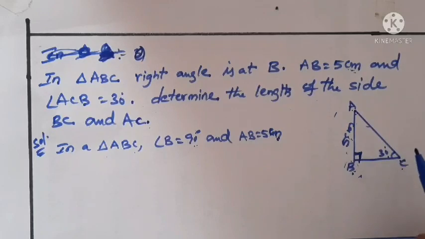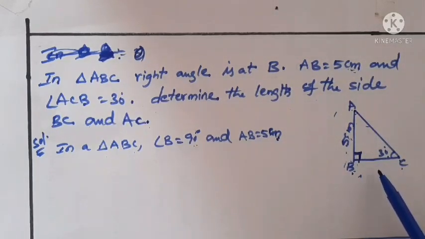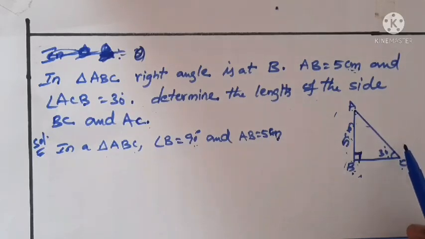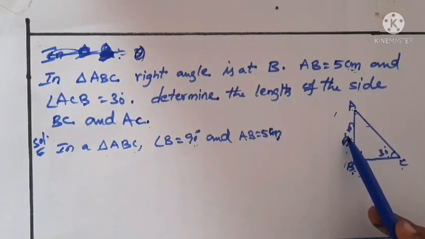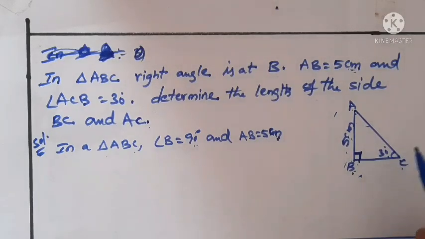So you have to take the ratio related to these two sides with respect to angle 30 degrees. Which trigonometric ratio is related to opposite side and adjacent side? Tan theta is related to opposite side and adjacent side. Cot theta is also related to opposite and adjacent sides. But we have to take the tan ratio. You have to think about what you have to find, what has been given, which trigonometric ratio is suitable.